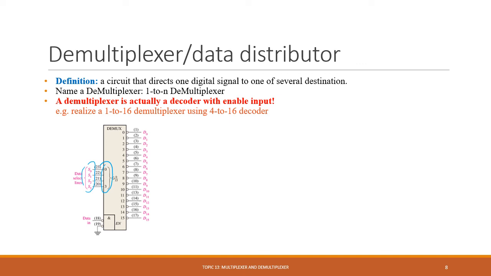For example, if S3, S2, S1, S0 in this case equal 1, 1, 1, 1, we know that D15 will be active, so it's equal to 0. But this will happen only when the data in equals 0, because it's an enable input.